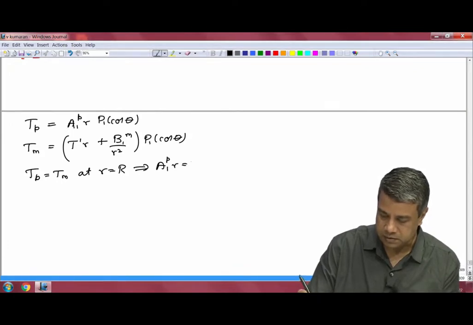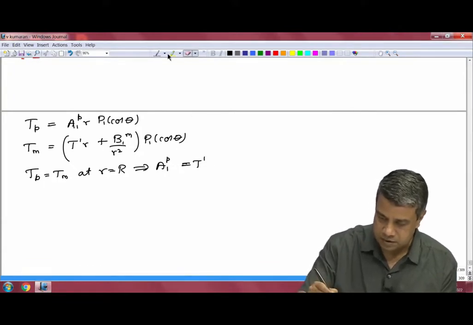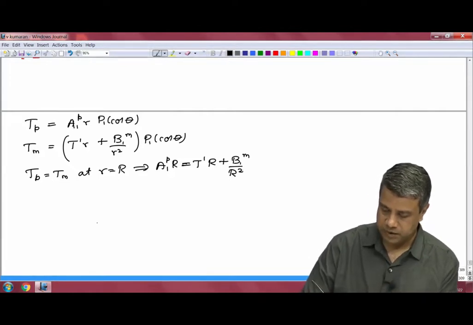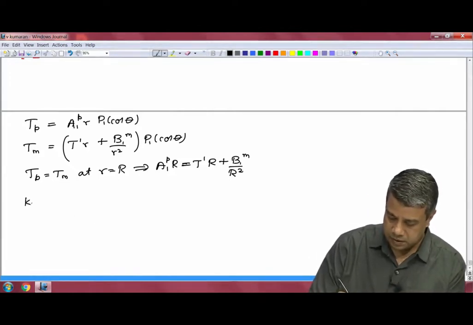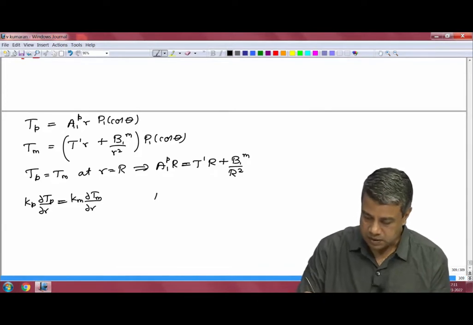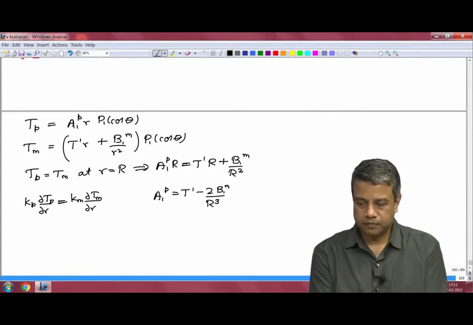A1P R is equal to T prime R plus B1m by R square at the surface of the particle, and Kp times partial Tp by partial r is equal to Km partial Tm by partial r, which means that A1P is equal to T prime minus 2 B1m by R cubed.